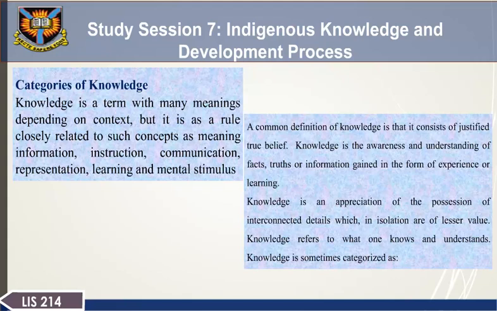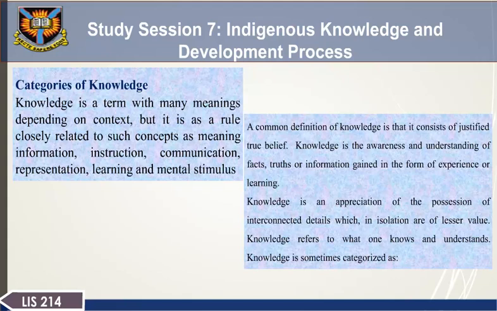Knowledge is the awareness and understanding of facts, truths, or information gained in the form of experience or learning. Knowledge is an appreciation of the possession of interconnected details which in isolation are of lesser value. Knowledge refers to what one knows and understands.